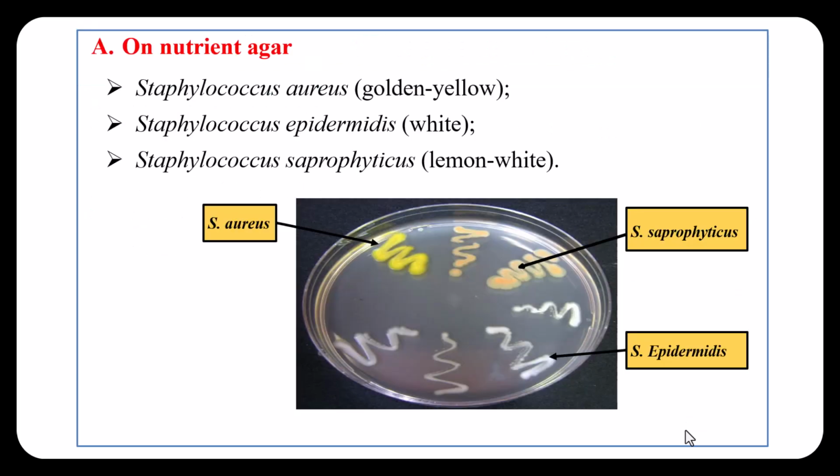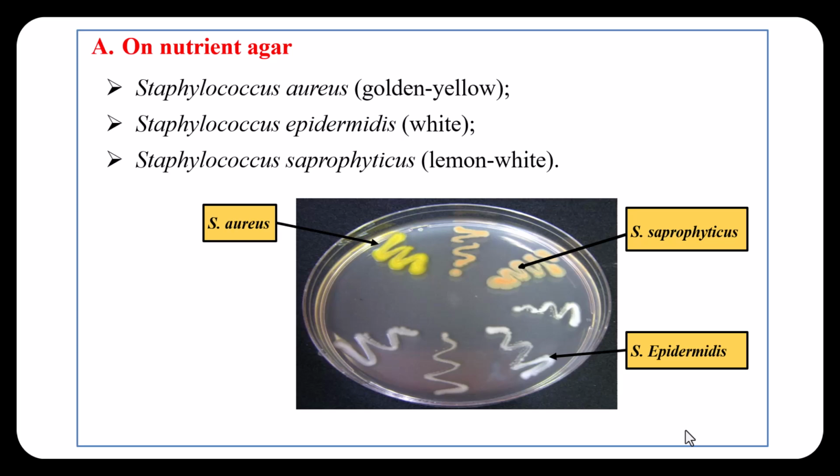Here you can see the colonies of the staphylococci on nutrient agar. Staphylococcus aureus forms golden yellow colonies because it produces pigment. Epidermidis is non-pigmented and produces white colonies, and saprophyticus has very low pigment, usually forming lemon white or creamy colonies.